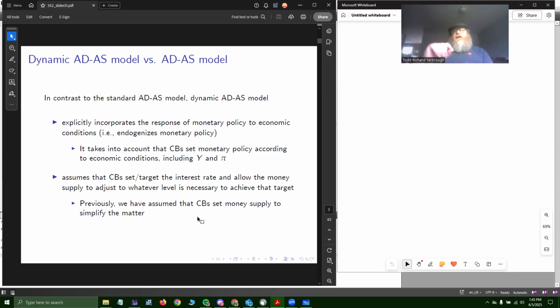And so what we're going to see here is the incorporation into the ASAD model of a monetary policy rule. And the rule that we're going to build into the model is going to be an interest rate target. And this really mirrors the way the Fed has come to carry out policy.